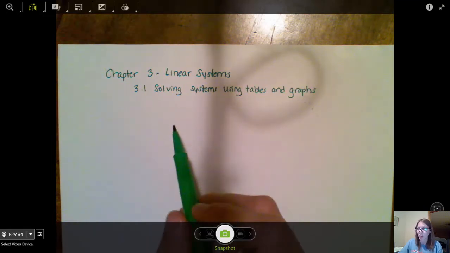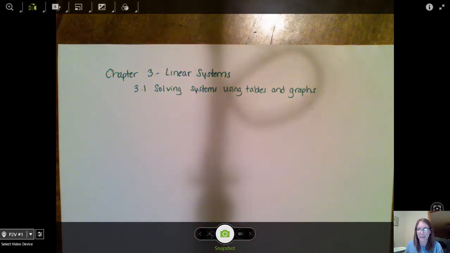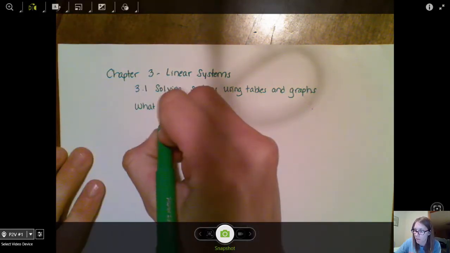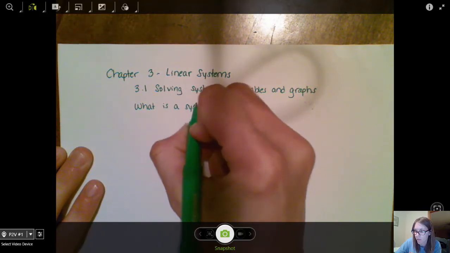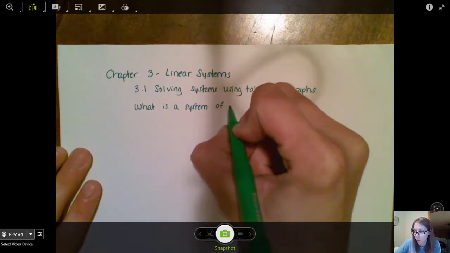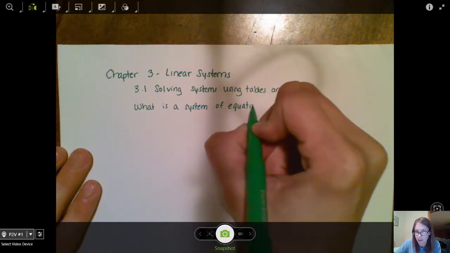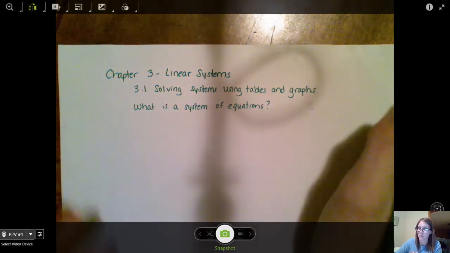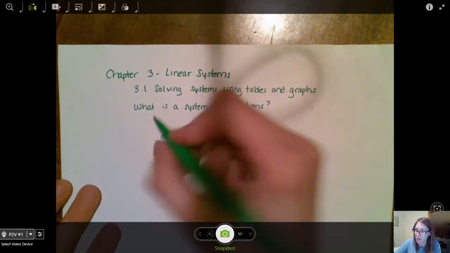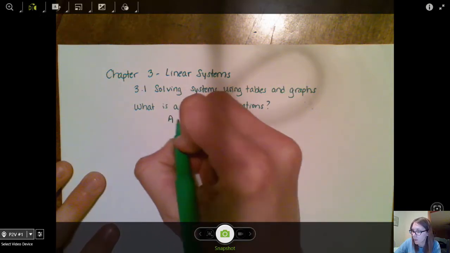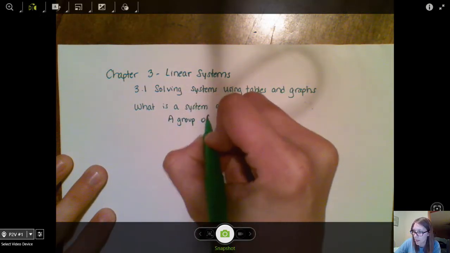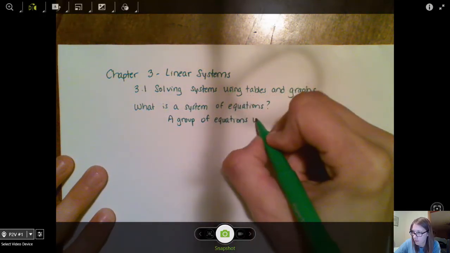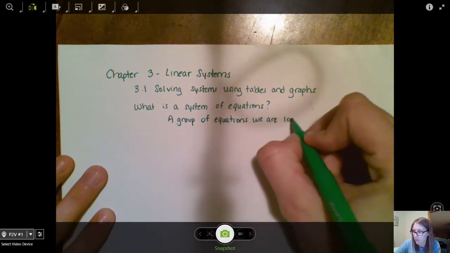So before we even start doing this, I want to ask you, what is a system of equations? And in other words, what does it mean when we find a solution to a system of equations? Well, a system of equations is a group of equations we are looking at collectively.